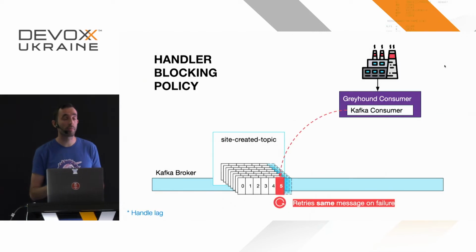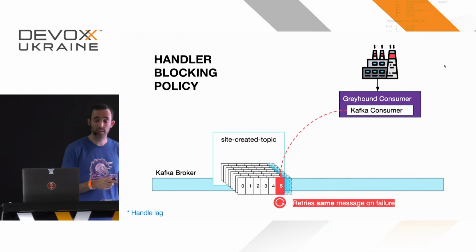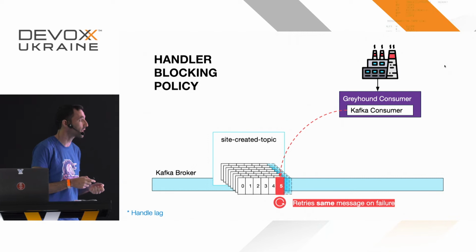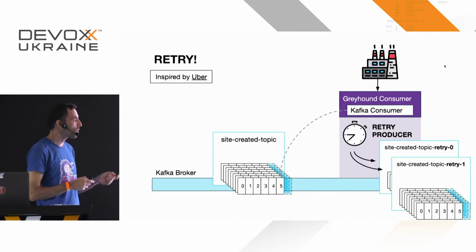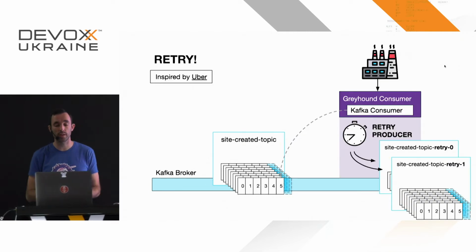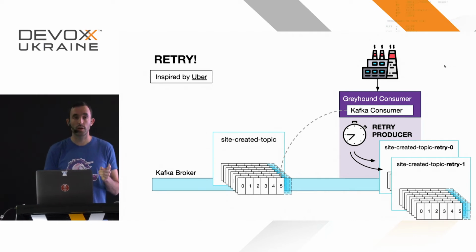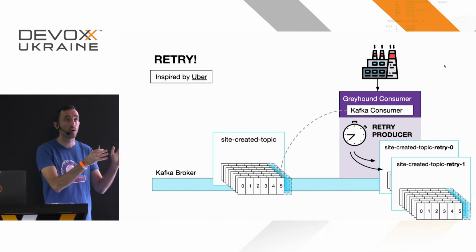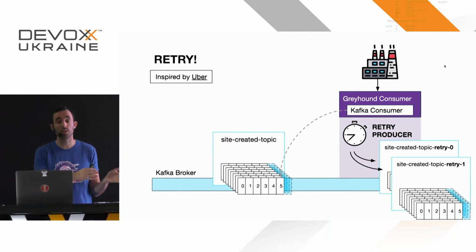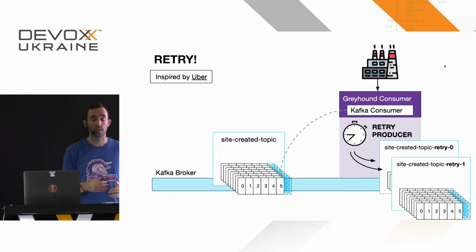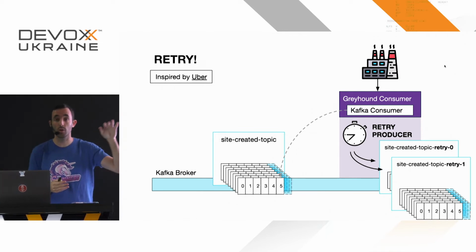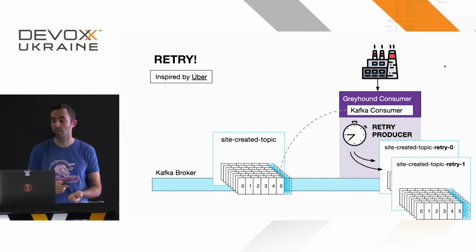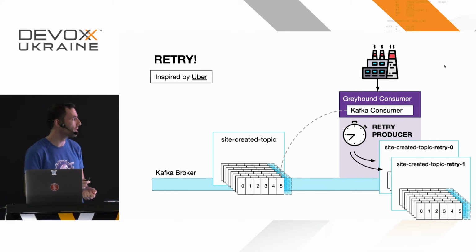Okay, so the next feature is blocking policy. Why do we want to block execution? Well, with this solution for retry scheduling, you will get out-of-order processing, because once the message is moved from the original topic to a retry topic, you can definitely get a situation where a new message will be processed before the older message gets processed in the retry topic.